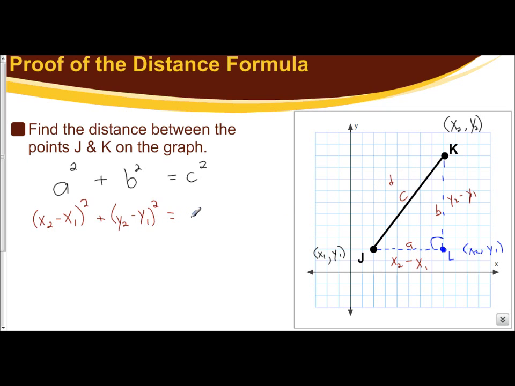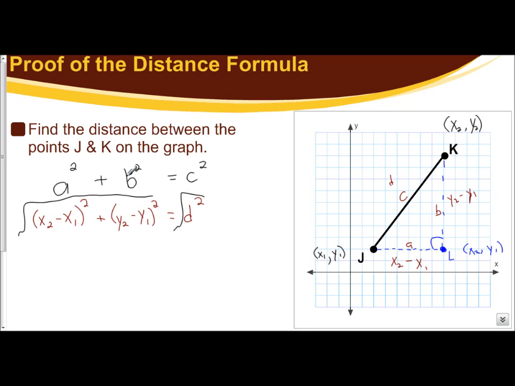So I'm going to use d for distance. So distance squared. Well, if I want to solve for distance, I have d squared. What I'm going to do is take the square root of both sides.